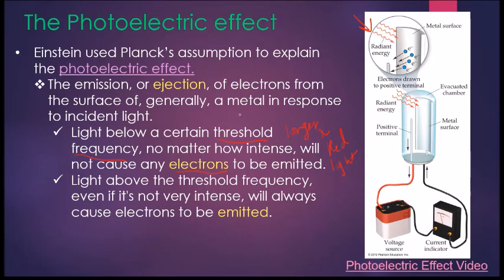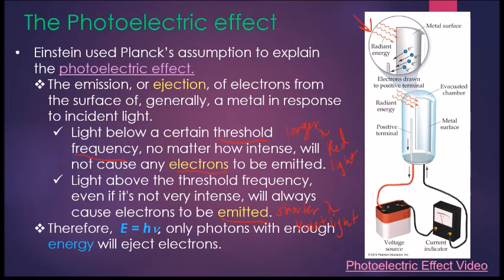Light above the threshold frequency, even though it's not very intense, did always emit the electrons. They always were being jumped off. This would be something like the shorter wavelengths like violet light. They have higher energy, higher frequencies. That one was capable, it met the threshold and was able to eject the electrons from the metal.